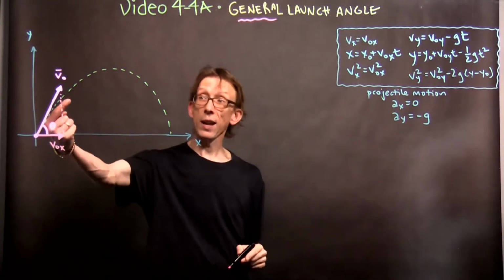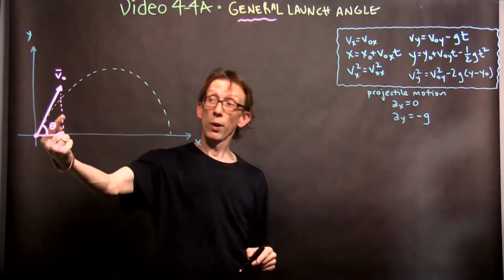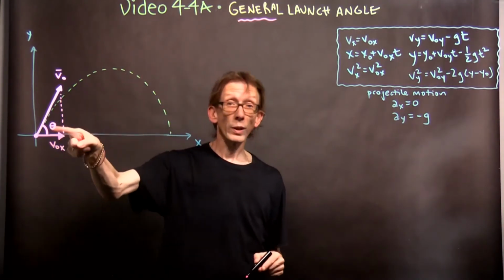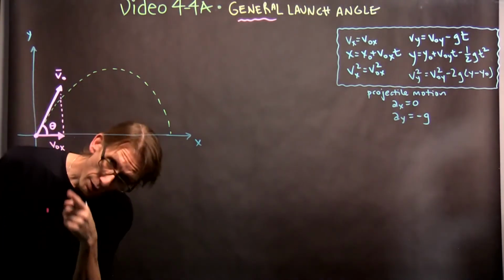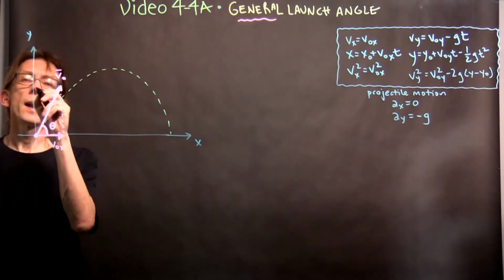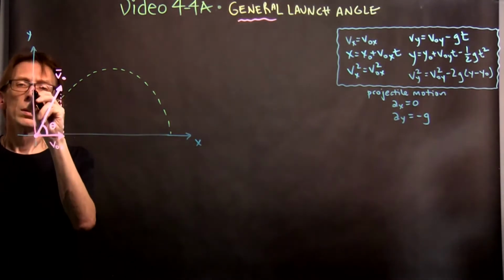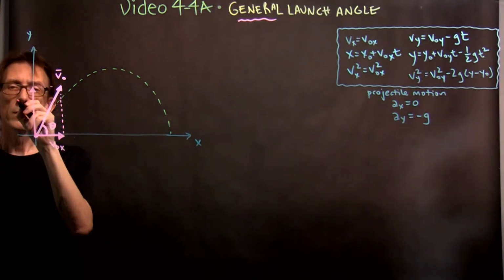Its velocity changes, right, as it moves. Its velocity is going to point up for a while, then it's going to point down for a while. So this is only its initial velocity. It has an initial x part here, v naught x, and it has an initial y part here, v naught y.